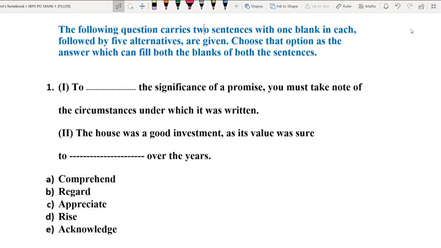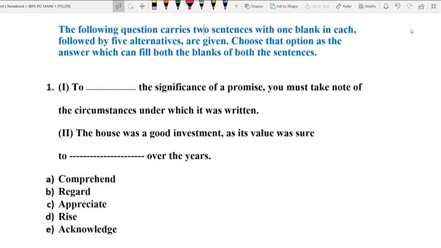First of all, assume that there are not any options provided. Don't arrive at the options first. Assume, for the time being, that you don't have any option. You have only sentences with certain blanks.